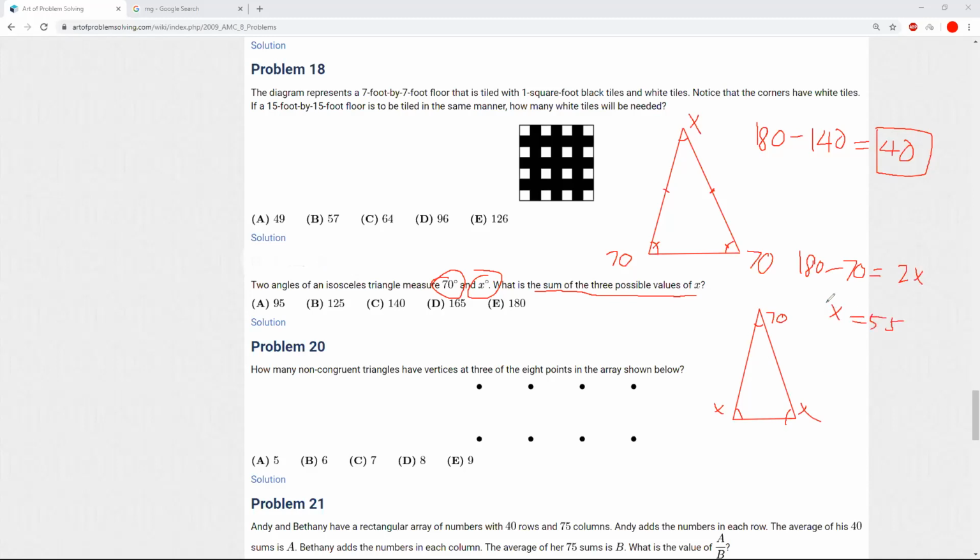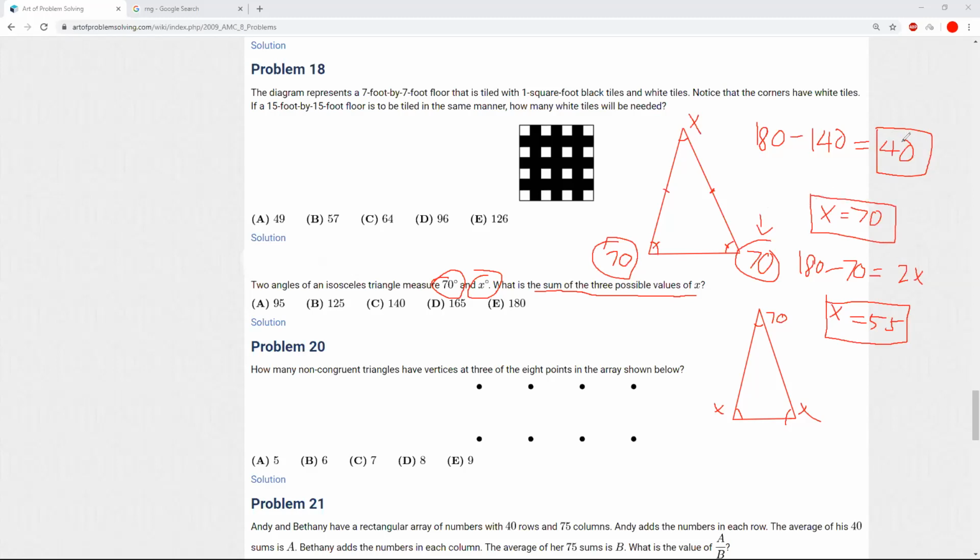So that's our second possibility. And you might be thinking, where's the third one? Well, 70 could be this angle, and then x could be this angle. So the third possibility is x is equal to 70. I think. Hopefully I didn't screw this up.